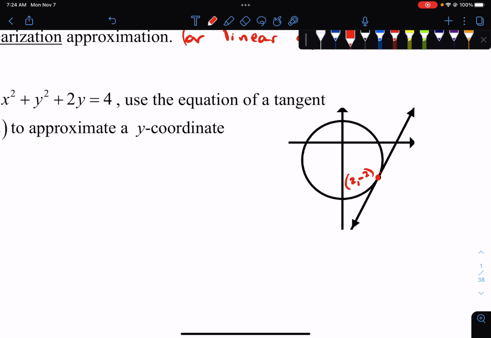And if I do that, using calculus, I can also find this tangent line. And what I want to do is, instead of plugging 2.1 into the original equation, I want to plug 2.1 into my tangent line. So I'm not going to find an exact value. I'm going to find what's called an approximation.